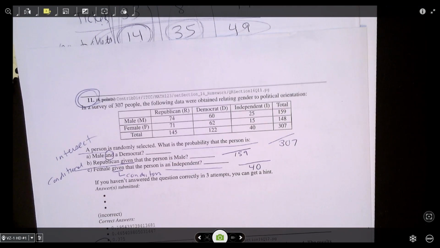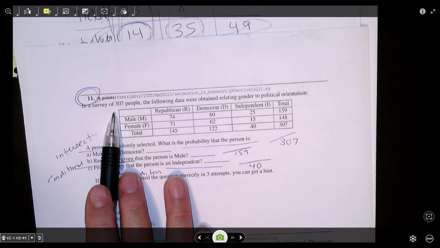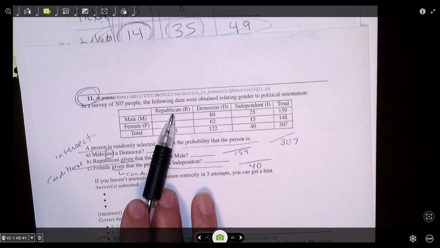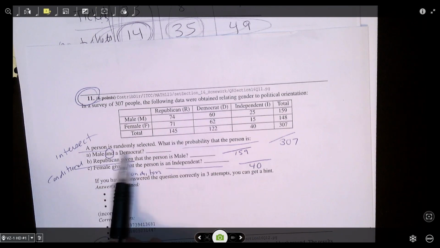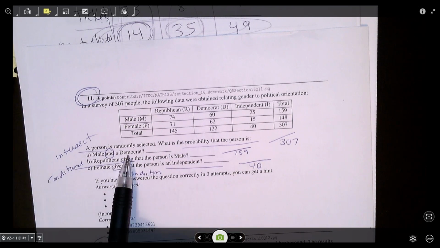Okay. Number 11. We have 307 people. Males, females, Democrat, Republican, and Independent. A person is randomly selected. What is the probability that the person is male and Democrat? Is this conditional, or are we selecting from everybody?